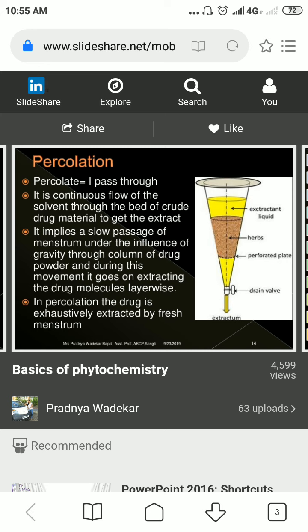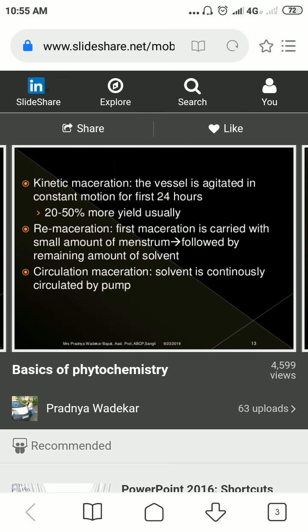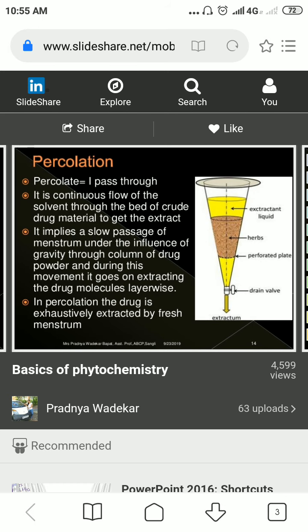Anyone can easily manage the maceration assembly, because there is no specific requirement. You can put your drug with your sample in a conical flask or any other related glassware. But in percolation, you have to set up the proper assembly, choose the solvent, and prepare the proper bed of crude drug. This is the main comparison between maceration and percolation.